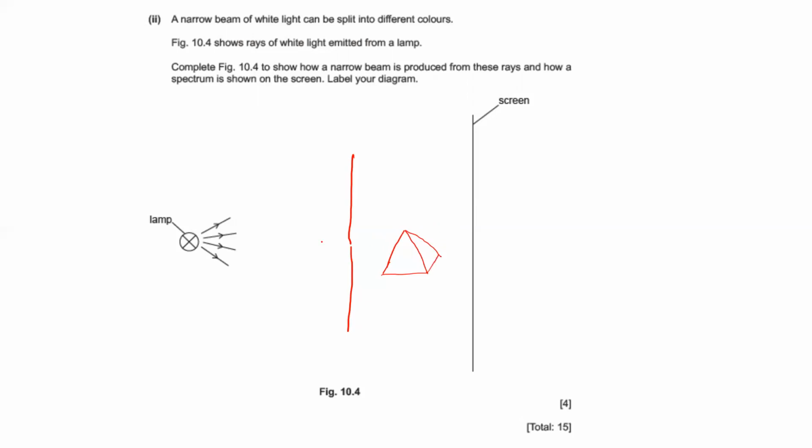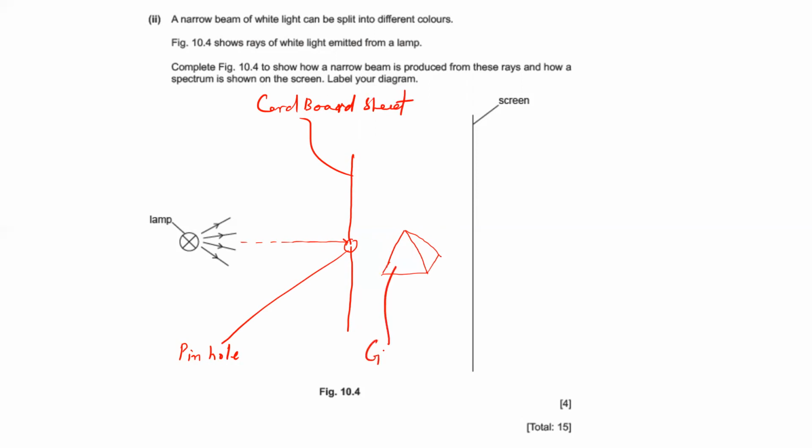Okay, so this is, say, for example, pinhole. This is your cardboard wood sheet. This is glass prism.